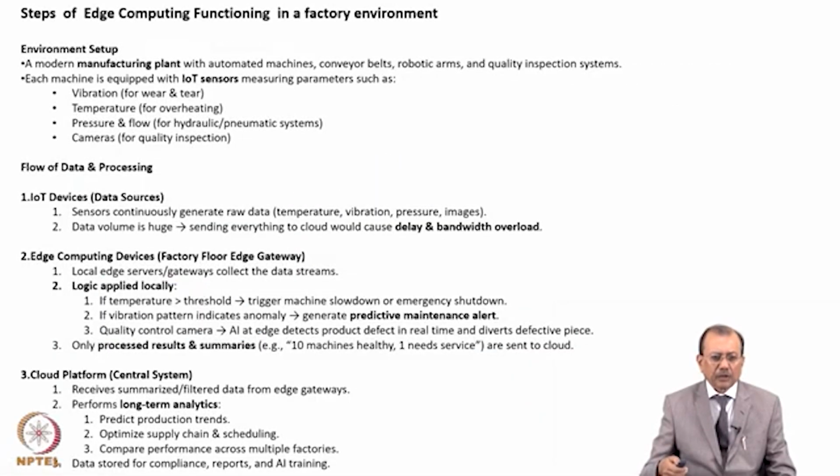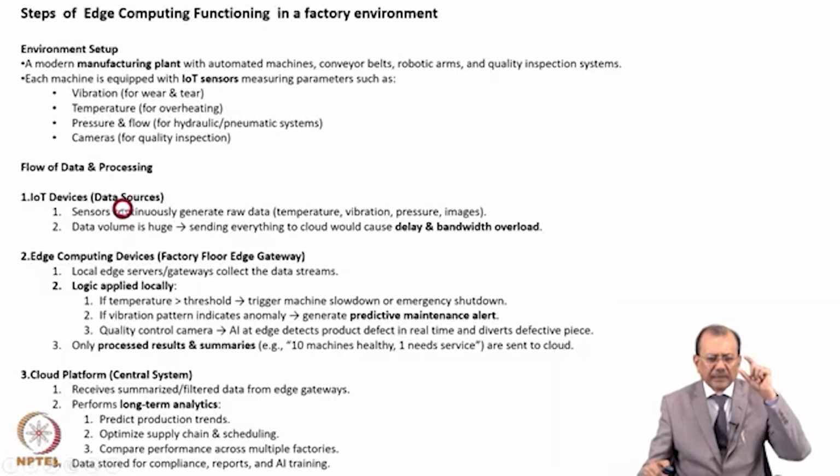Now these slides talk about the various definitions in a little more detail, like a modern manufacturing plant with automated machines, conveyor belts, robot arms, and quality inspection systems. Consider these devices sending data like vibration, temperature, pressure, and camera pictures. Actuators and sensors are the two main functions of the IoT device.